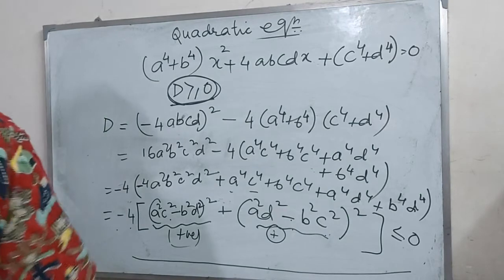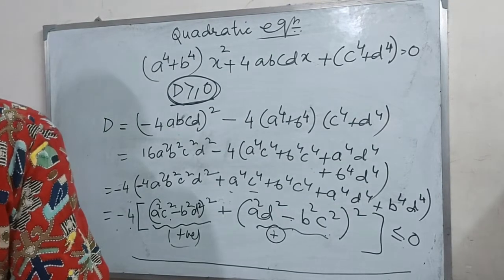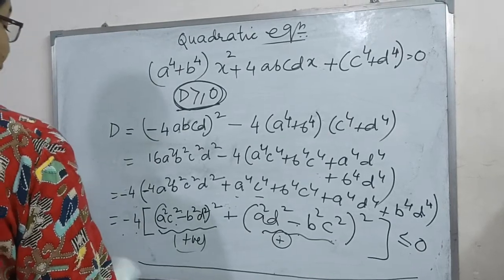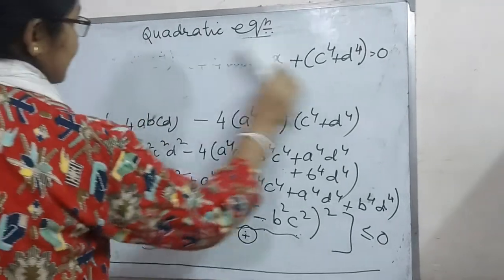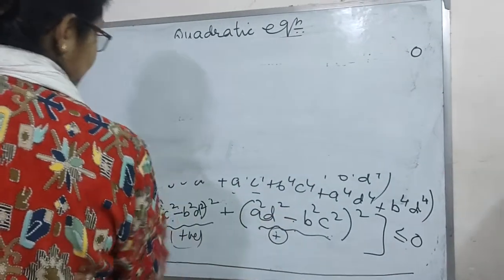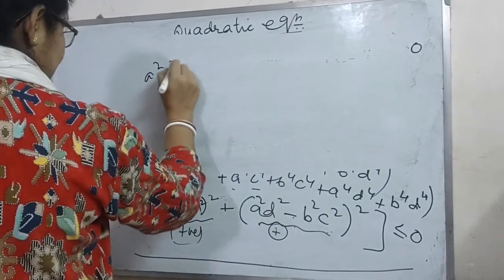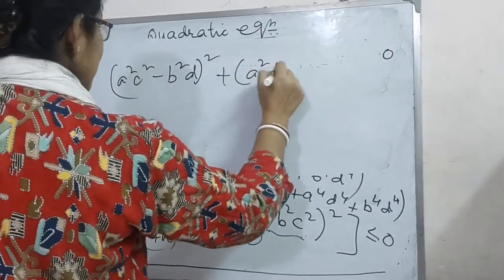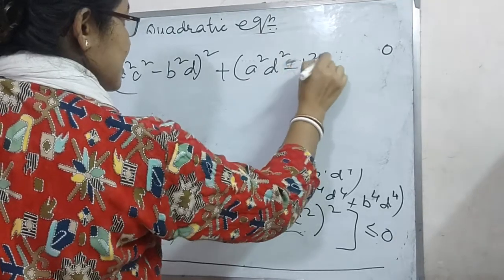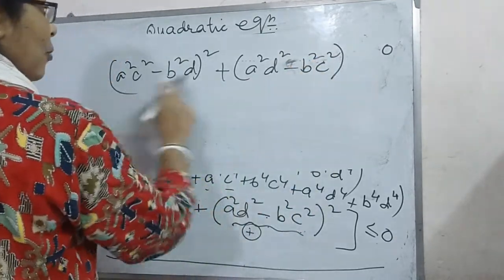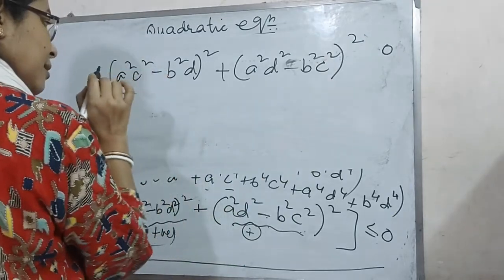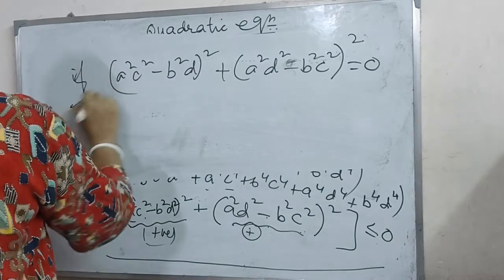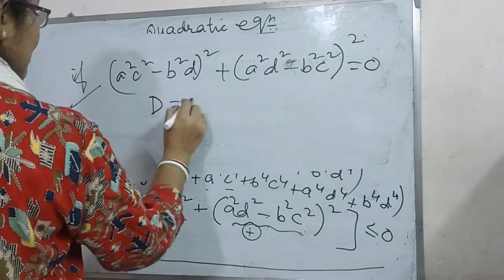That means when two roots are equal, D equals 0. (a²c² − b²d²) whole square plus (a²d² − b²c²) whole square, the sum of two terms, equals 0. If the sum of two terms equals 0, then D equals 0.